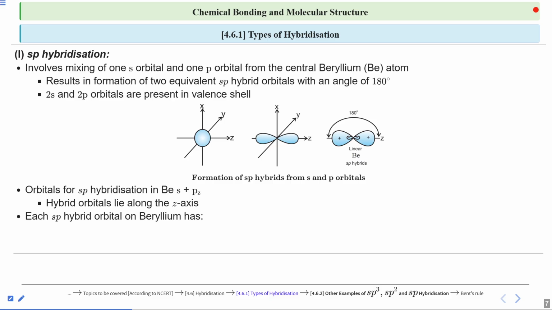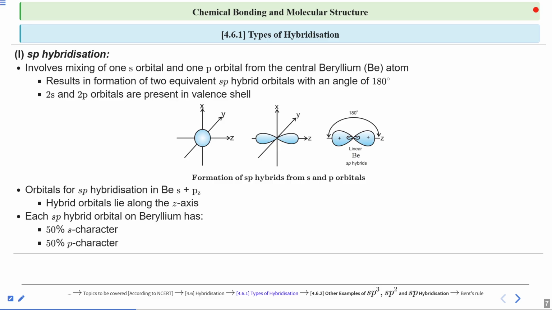Next, we know that 50% will be the s character and 50% will be the p character. How did I calculate this? It's very simple. Two atomic orbitals are involved in making the hybrid orbital, so divide 100 by 2, which gives 50% s and 50% p.